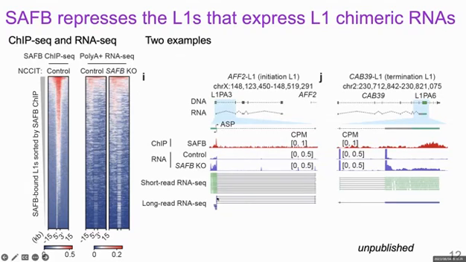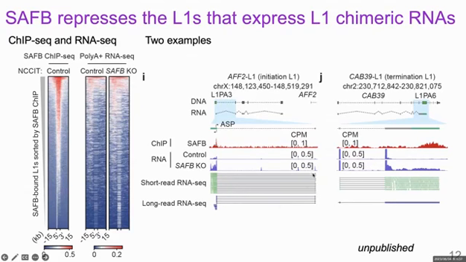You can see that through the RNA-seq, this Line 1 element is transcribed with the nearby exons to form Line 1 chimeric transcripts, or Line 1 chimeric RNAs. And SAFB binds this Line 1 element, and SAFB knockout further increases the Line 1 element expression.